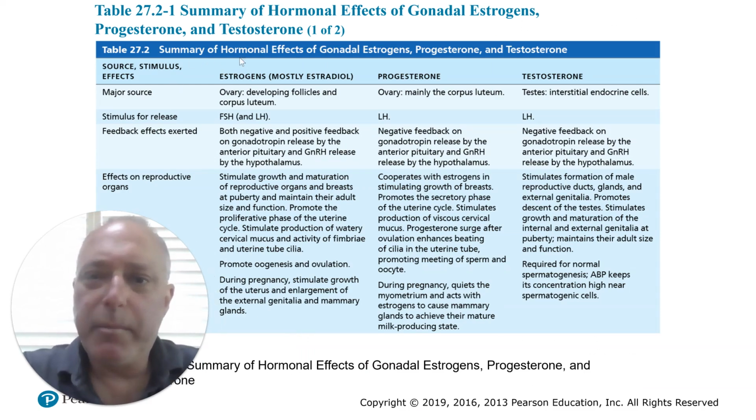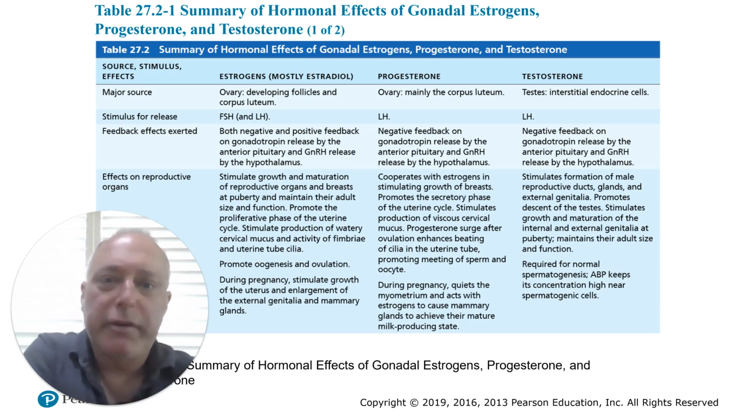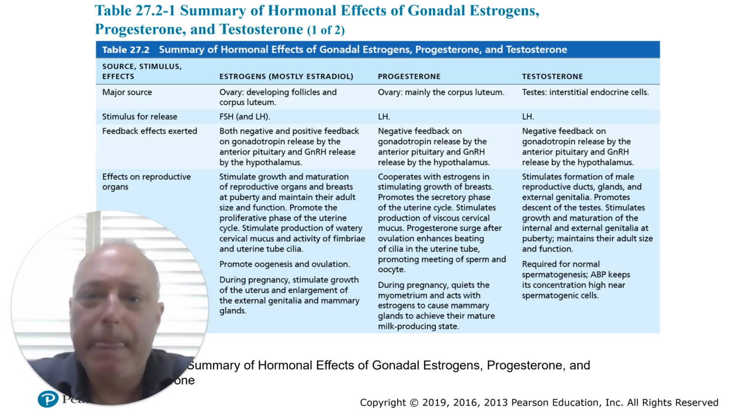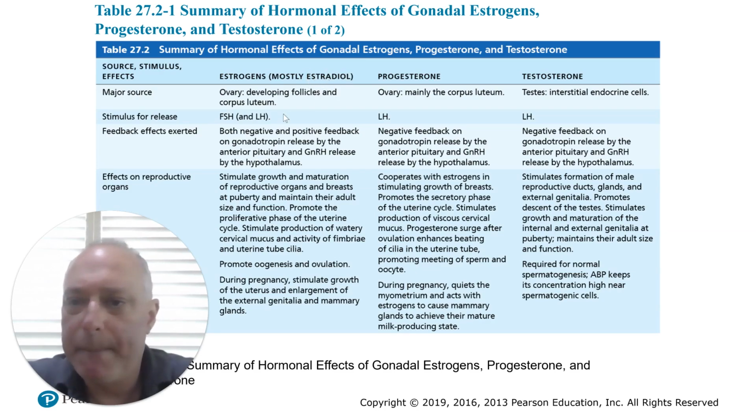Okay, let's just summarize the hormonal effects of the estrogens, progesterone, and testosterone. So the estrogens, the major supply is the ovary. These are mostly estradiol, and that's created through aromatase action on testosterone.